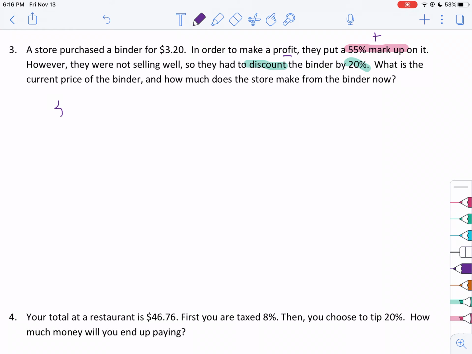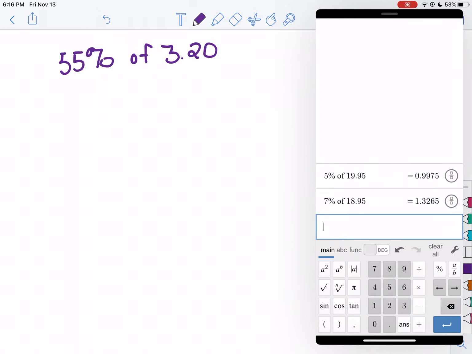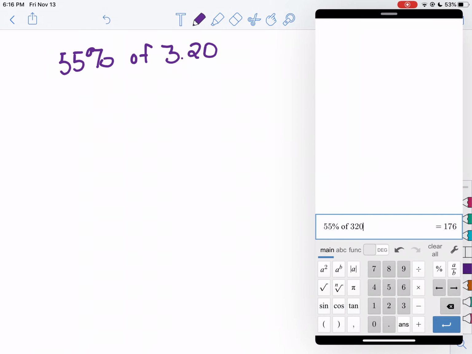So we are finding 55% of 3.20. Whoops, my decimal point didn't go.